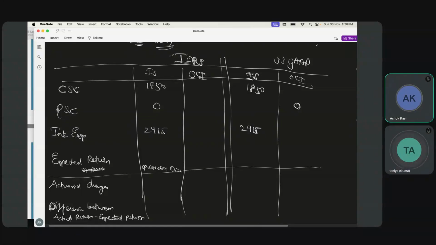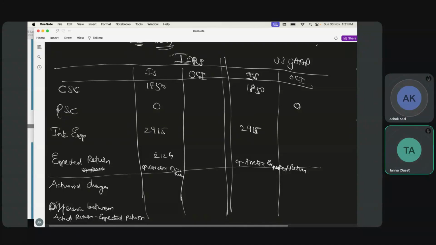You get return on assets only, no? So 2124.